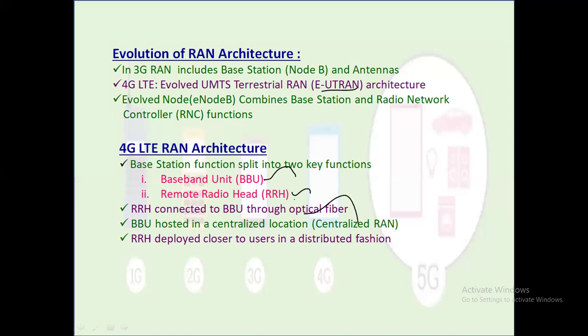The RRH connected with the optical fiber is deployed closer to users in a distributed fashion, while the BBU is hosted in a centralized location, enabling a centralized RAN, that we can call CRAN, architecture. This separation allows for more efficient use of resources, improved network performance, and increased flexibility as the BBU can serve multiple RRH, enabling a more scalable and cost-effective network deployment.